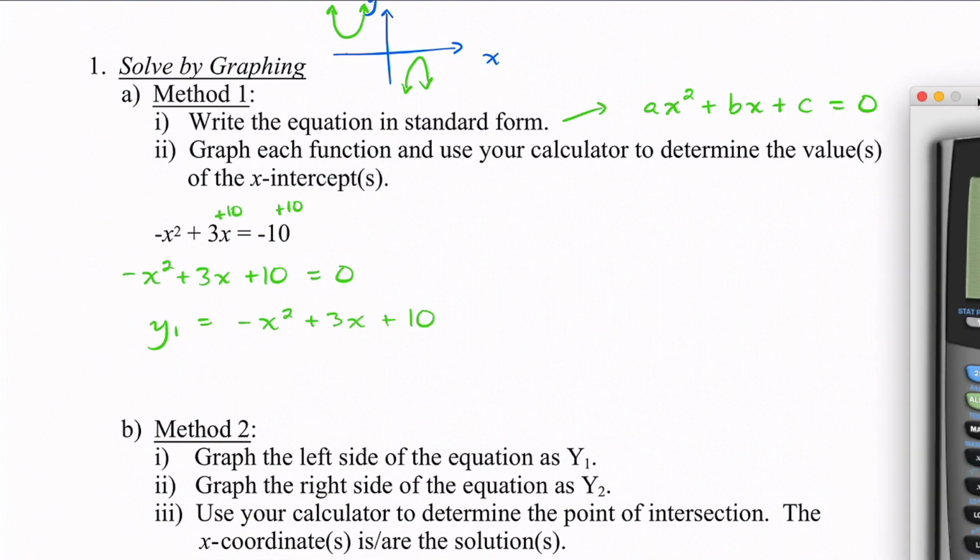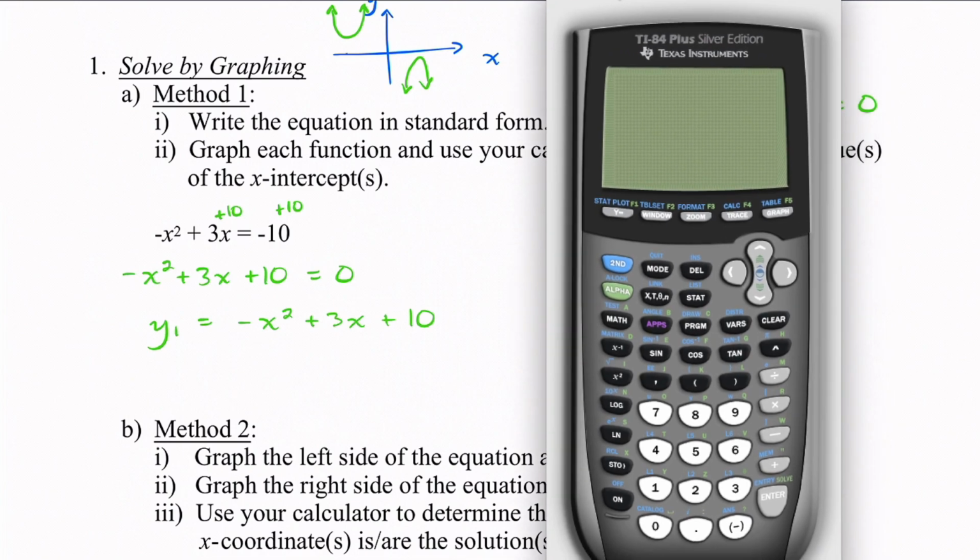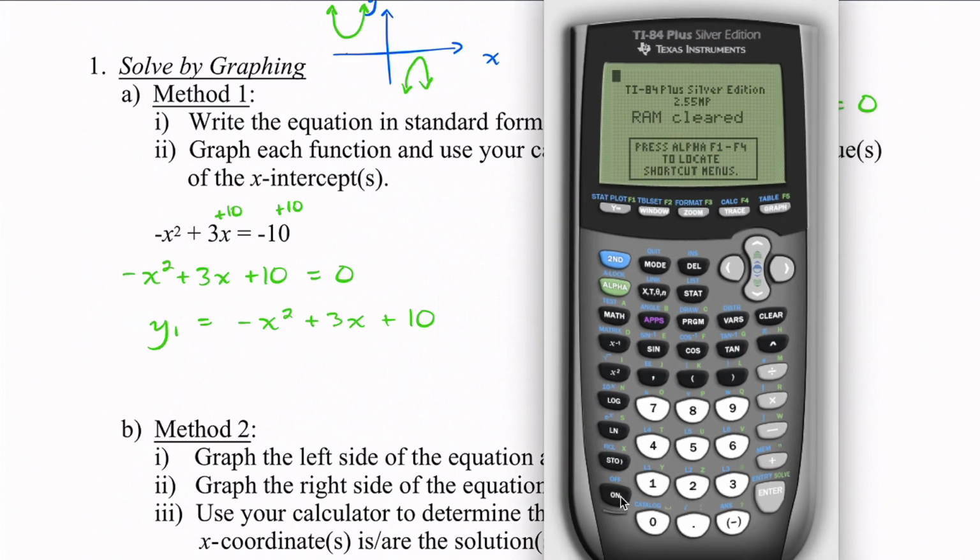We'll turn it on, go into y equals, and type this in. Make sure you use a negative instead of the minus when it's a leading negative like that. It's got to be negative and then x squared. Now that we have our graph in, we can click graph to see the picture.